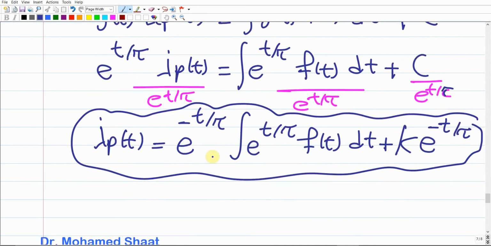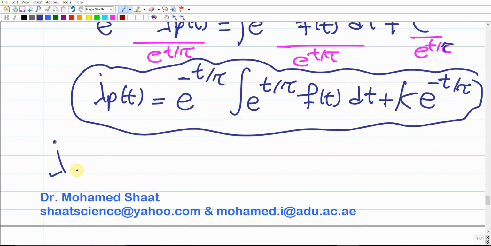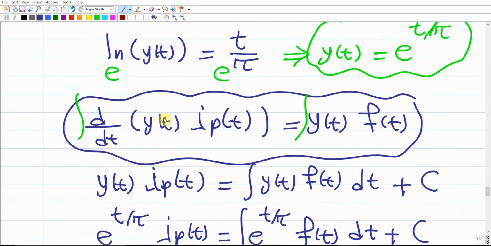Then if we add these two terms together, we shall end up with the total solution. So the total solution, I total of t, equals the I homogeneous, which we already got, plus the I particular.